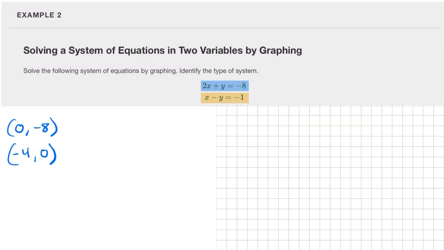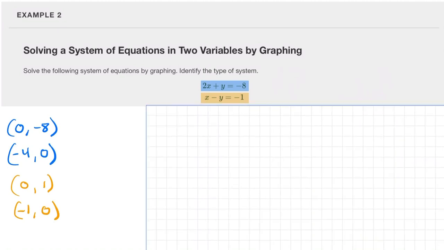So that's the x and y intercept for the first one. For the second one, when x is 0, y is 1, and when y is 0, x is negative 1. Let's just go with this.